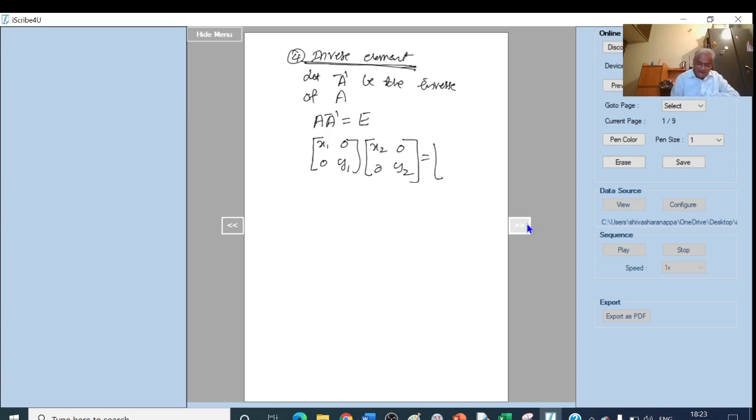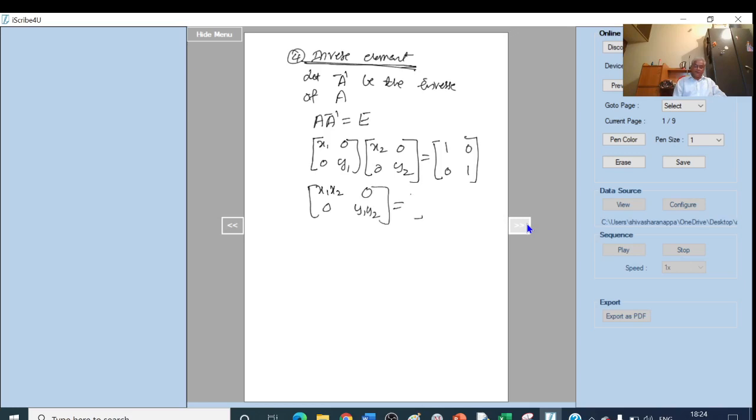This is equal to the identity [1 0; 0 1]. Taking the multiplication on the left hand side: first row first column is x1 x2, first row second column is 0 plus 0, second row first column is 0 plus 0, and second row second column is 0 plus y1 y2.